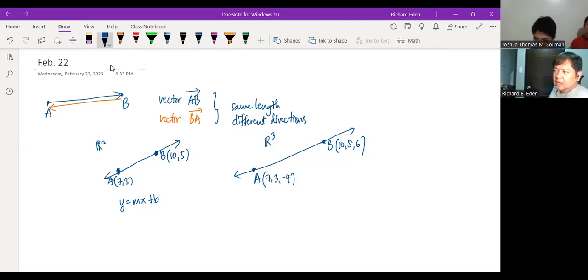Now, in R4, in four-dimensional space, the way I see it is that actually, yes, we can still describe the equation of a line in four-dimensional space or in five-dimensional space using vectors. So vectors are very much well suited to addressing problems in three-dimensional space.